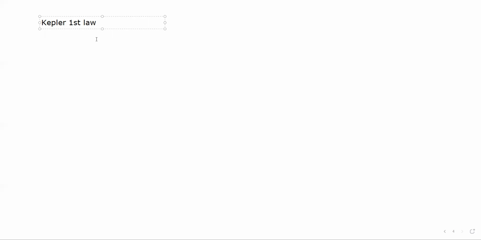According to Kepler's first law, what is the statement of Kepler's first law? Kepler's first law states that every planet orbits the Sun in an ellipse, with the Sun at one focus of the ellipse. Maybe in mathematics you have studied the ellipse, the shape.